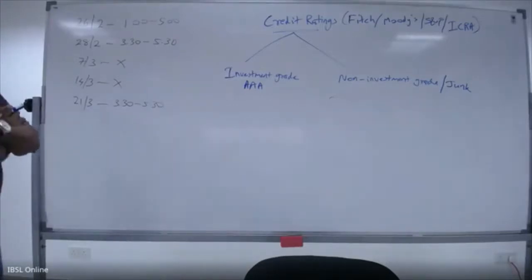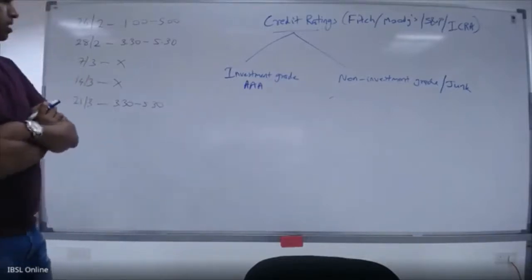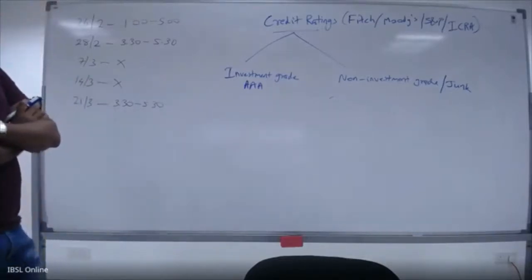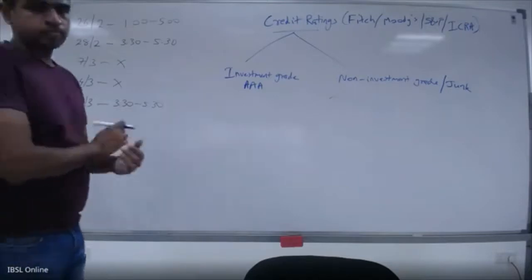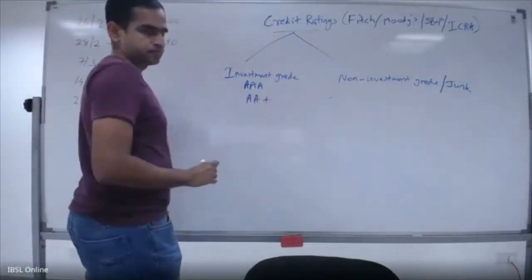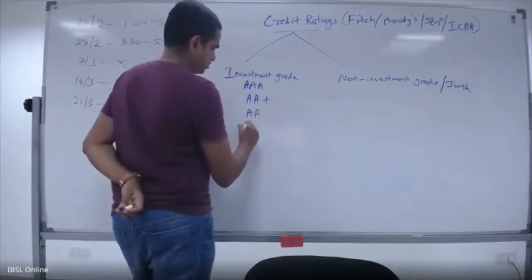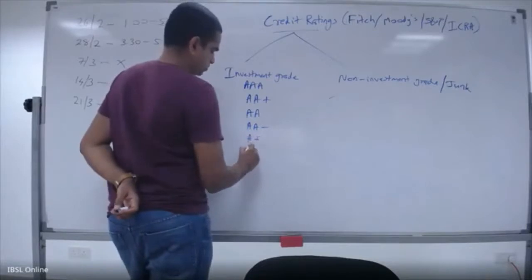What comes after AAA? Almost there, it's AA plus. Then you get AA, AA minus, A plus, A minus.